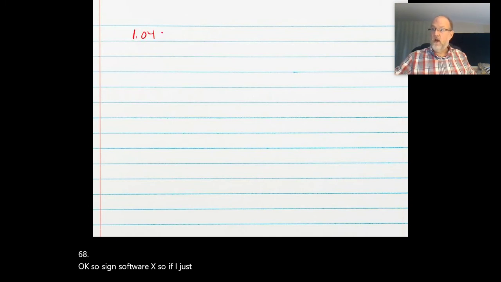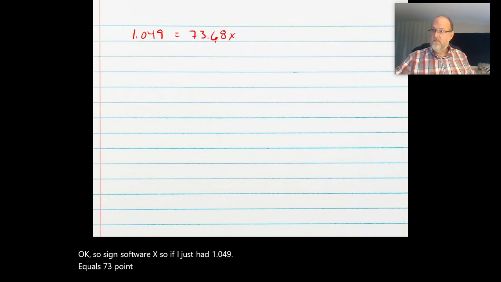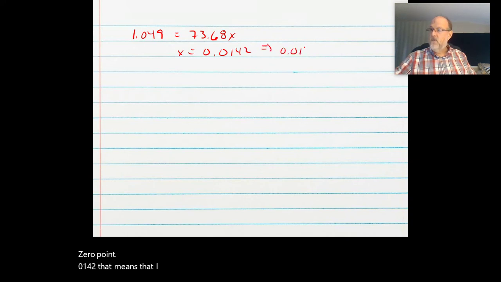Okay, so it's time to solve for x. So if I just had 1.049 equals 73.68x, x is going to be 0.0142. That means that I have 0.0142 moles of copper sulfate.